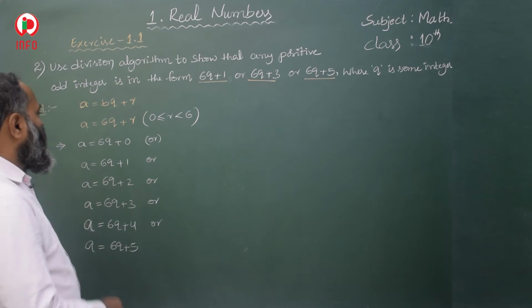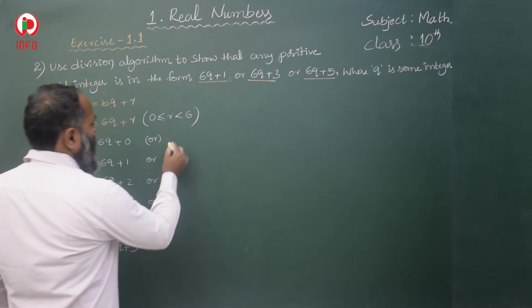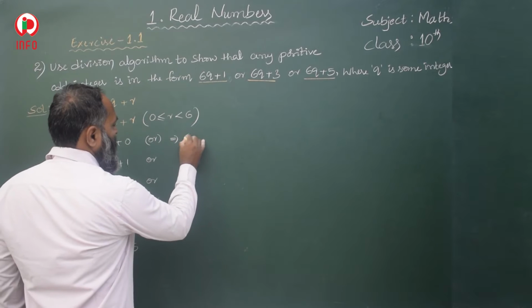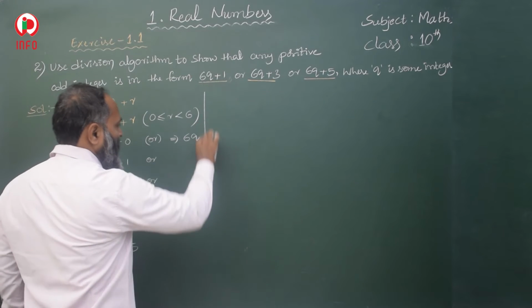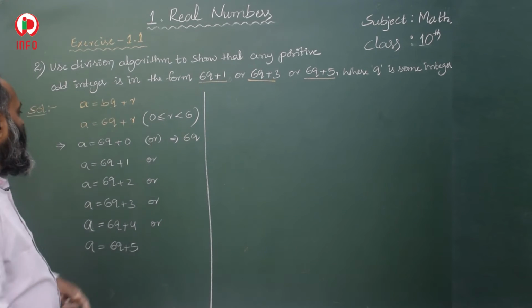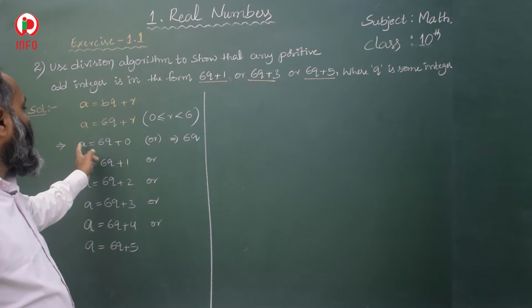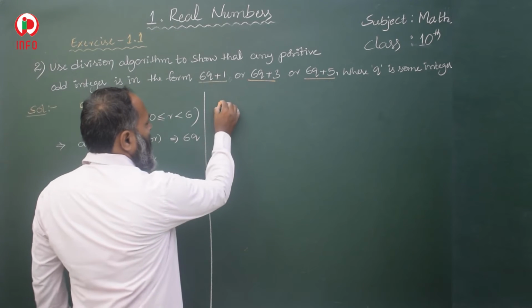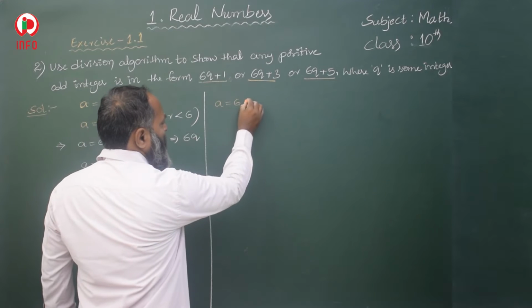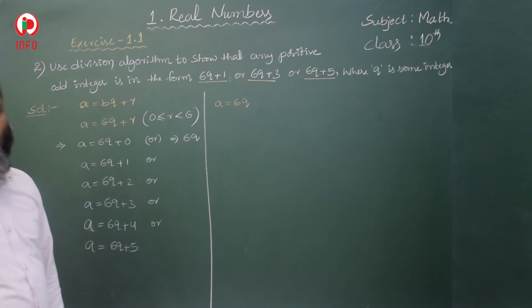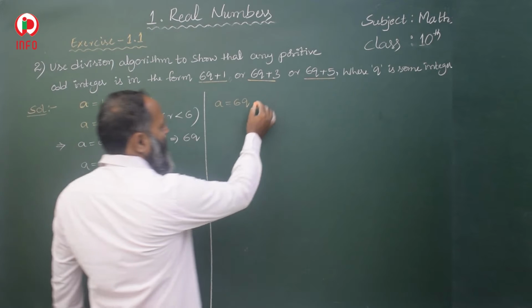Then 6q plus 0 means that is 6q only. Now take one by one. First, take a is equal to 6q. How can we write a is equal to 6q?